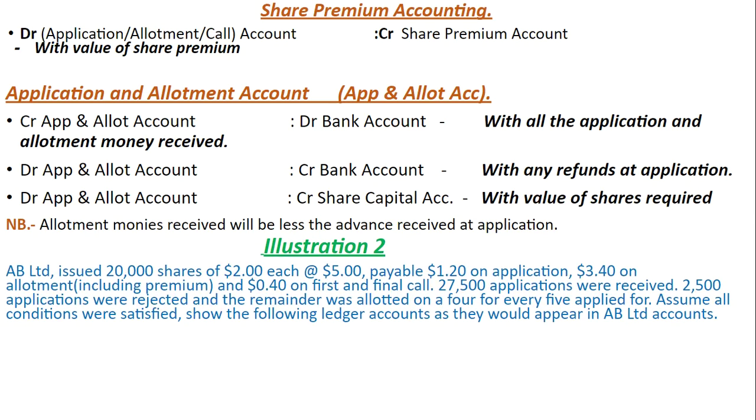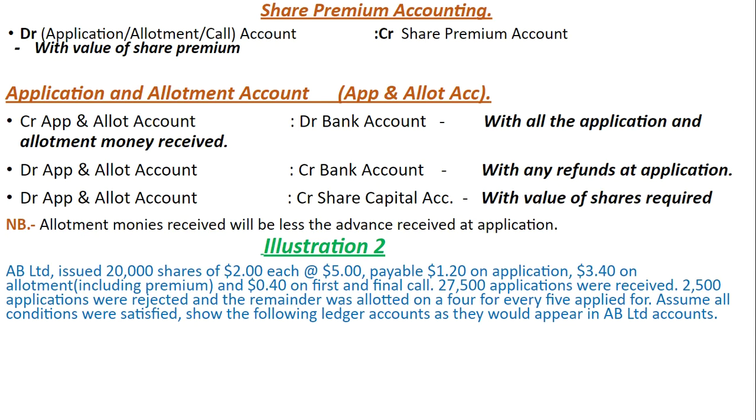Illustration 2. AB Limited issued 20,000 shares of $2 each at $5, payable $1.20 on application, $3.40 on allotment, including the premium, and 40 cents on first and final call. 27,500 applications were received, 2,500 applications were rejected, and the remainder was allotted on a 4 for every 5 applied for.